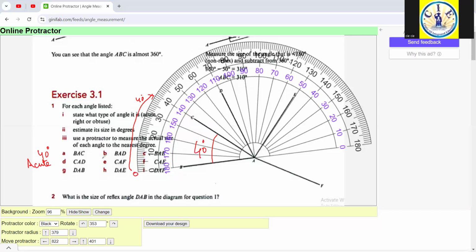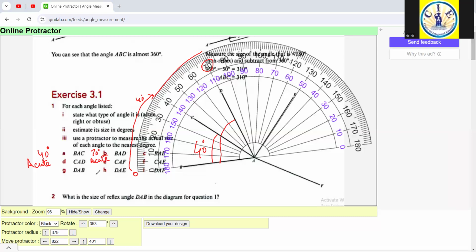Okay, now for part B, angle BAD, from BA till D, you see this 60 and then this is 70. So BAD is equal to 70 degrees. Since it is lesser than 90 degrees, it is also an acute angle.